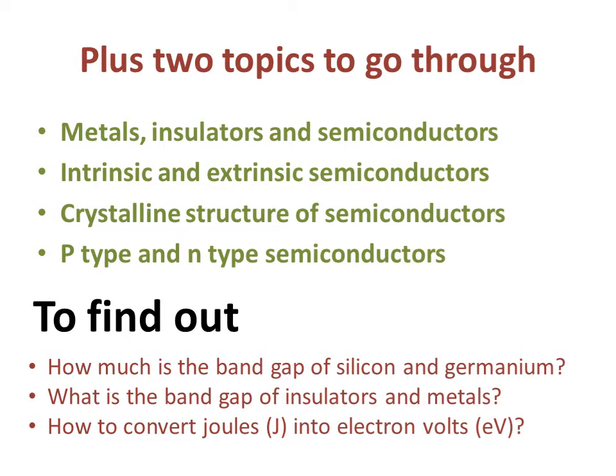Please go through them. Then another thing that you will need before we begin the first module is an idea about the crystalline structure of semiconductors. What is a crystal and what is amorphous, and some examples of crystalline materials.